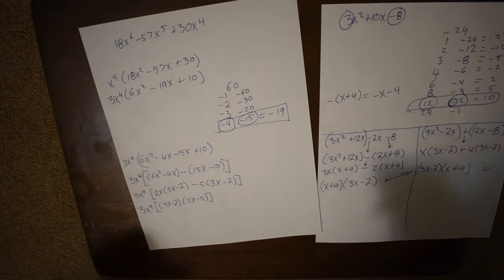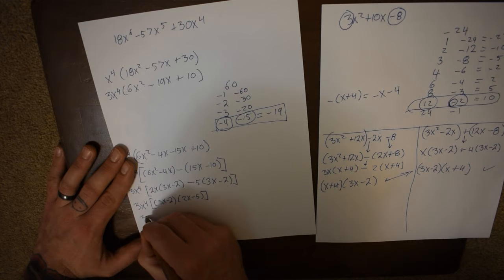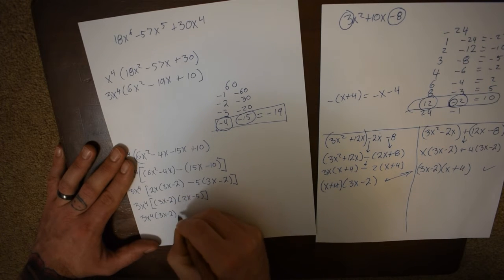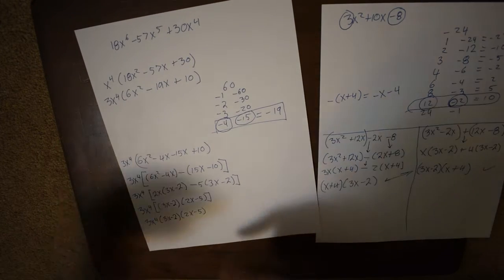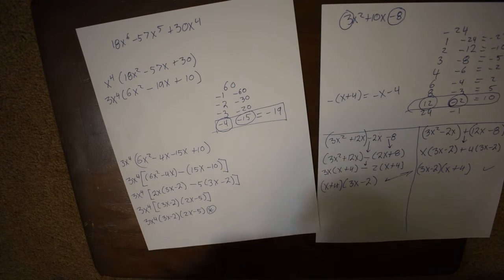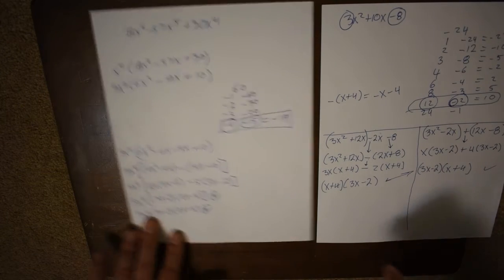For a final answer, you could write it without the square brackets. You could write this as 3x to the 4th times 3x minus 2 times 2x minus 5. Either or. This is what it looks like in the book. You can use as many parentheses as you want to.